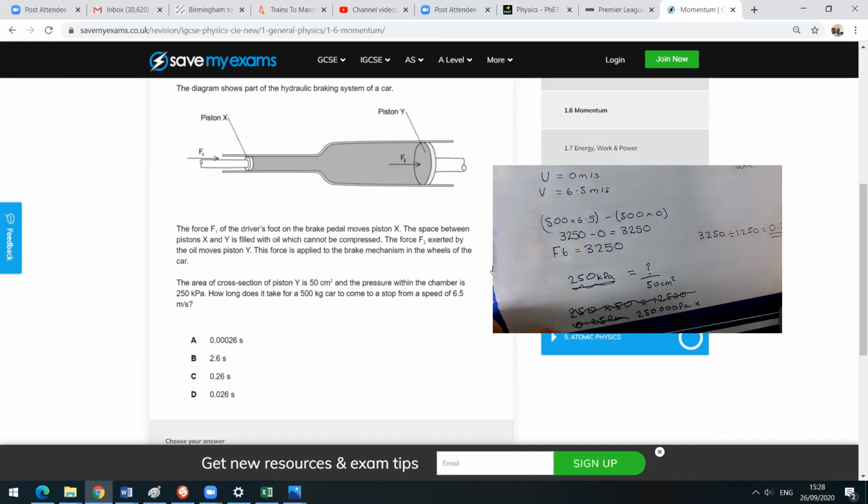Yes, well done. So you've got to divide 50 by 10,000. Correct. That's 5 times 10 to the minus 3, so 0.005. Yeah, 0.0005, correct.